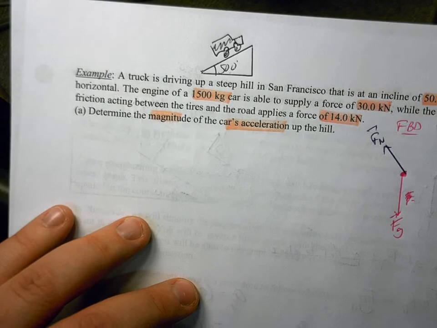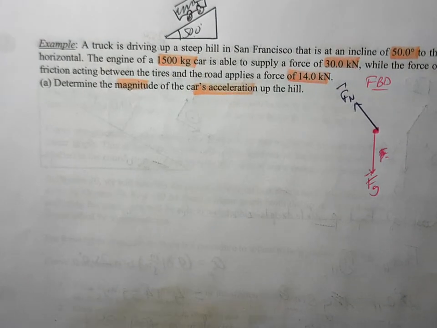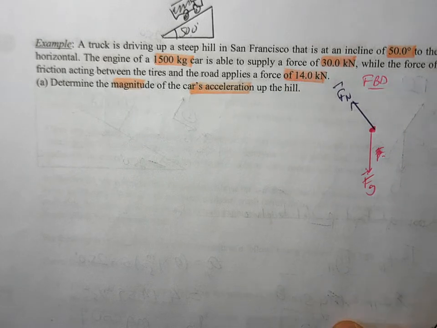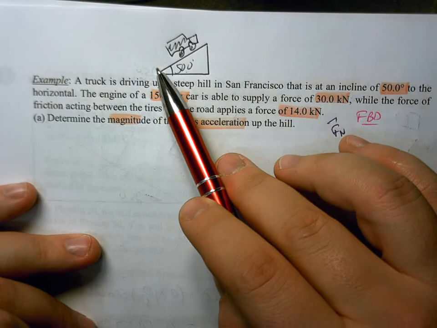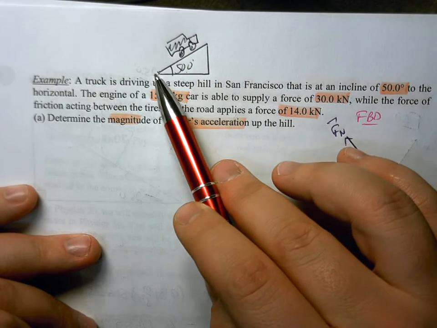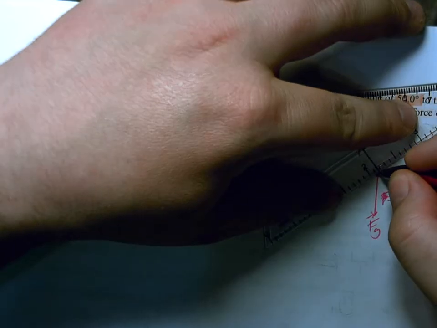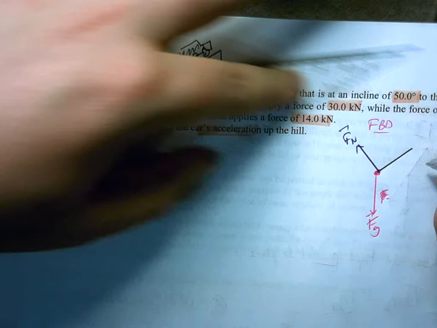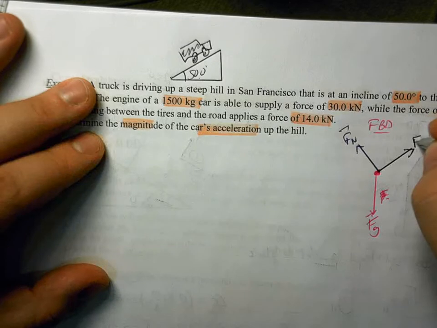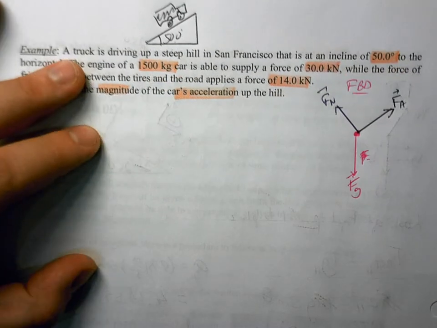There we go. Now we have to look at the other bits of information that have been supplied. We've been told that this car is going to supply a force of 30 kilonewtons. Think of this like an applied force. This applied force is going to be directed parallel with the plane, going up this hill. So we want that FA parallel with this surface, directed up this way.